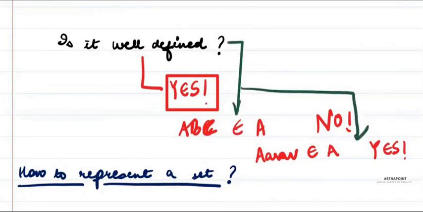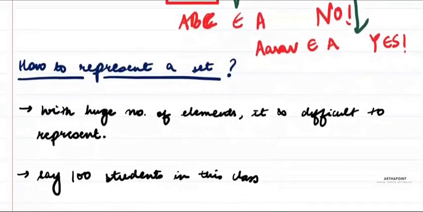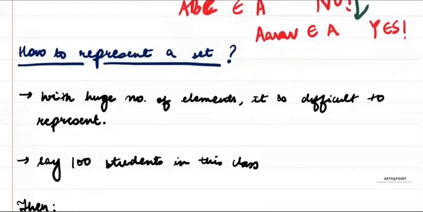Now, the next question that is asked is, how do we represent a set? A set can have a huge number of elements. Here I was just dealing with first 4 natural numbers or first 5 odd natural numbers.